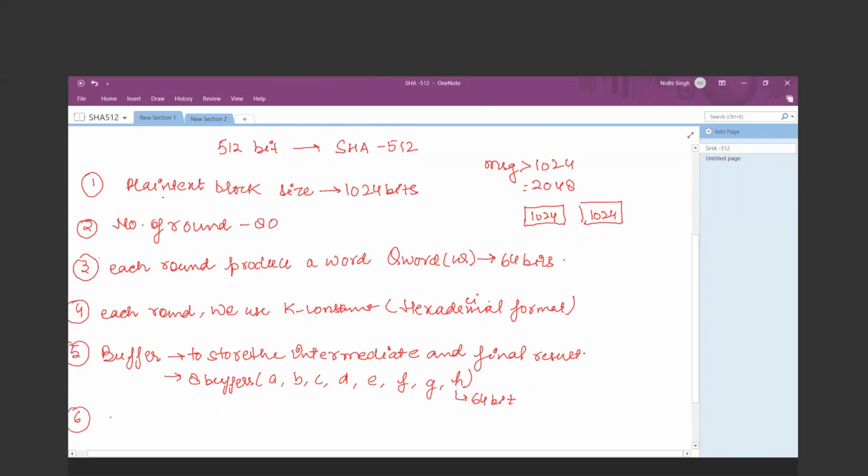As I stated earlier, the output of each round will become the input of the next round.